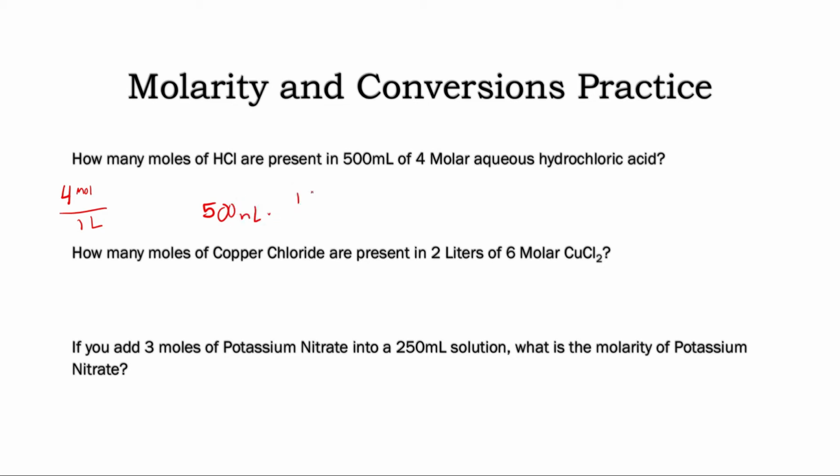So 1 liter per 1,000 milliliters. So we have 0.5 liters. We then use our molarity, which is 4 moles per 1 liter. The liters will cancel. We'll end up with 2 moles of HCl.